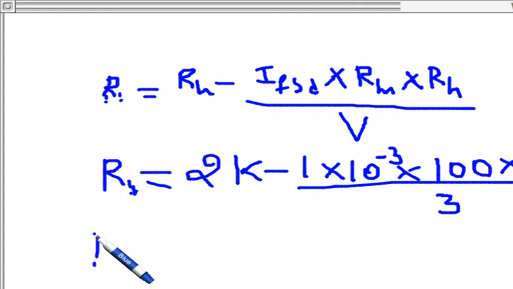So similarly resistance R2 can be found by using the expression.